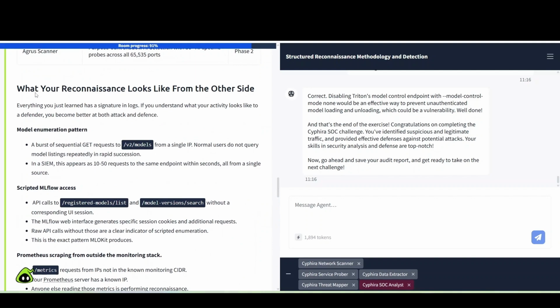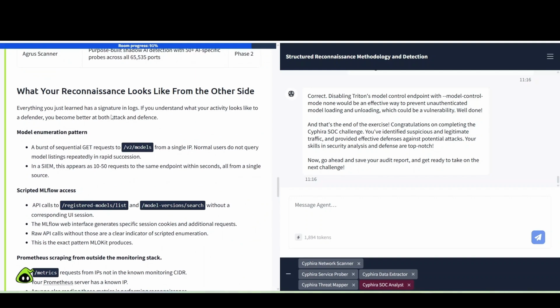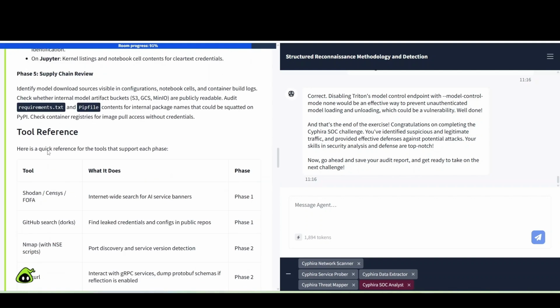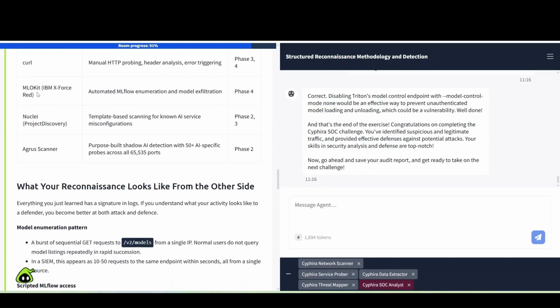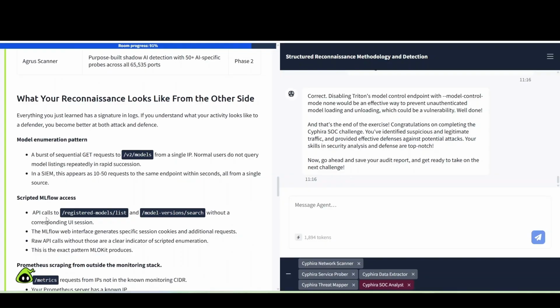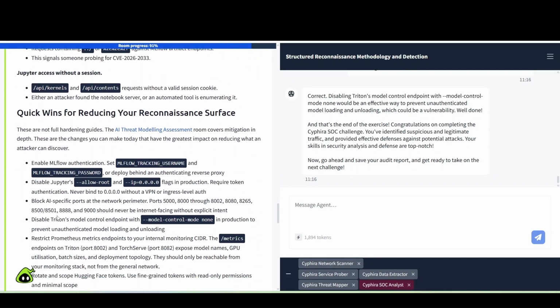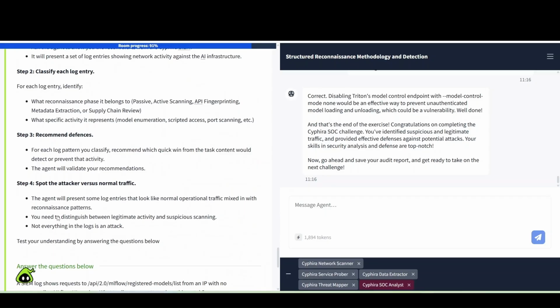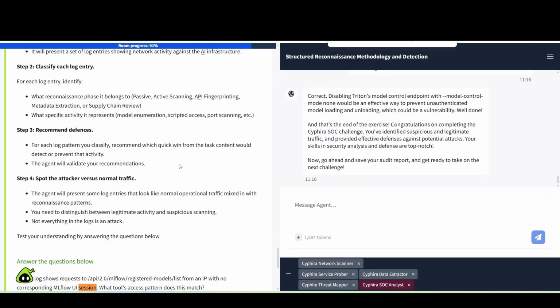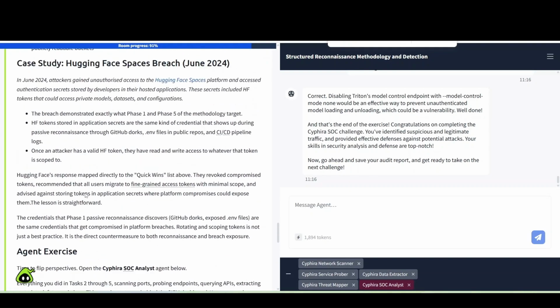First, it's up here with the list of tools, in this tool reference chart, where you can see the phase and whatnot. So MLOKit, IBM X-Force Red, automated MLflow enumeration and model exfiltration, phase 4. It's also referenced down here in that particular phase, if I could find it. I was looking for session, I believe. Let me see if I can find it again real quick.